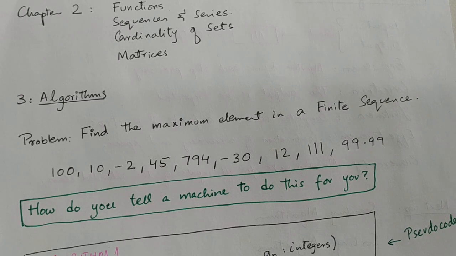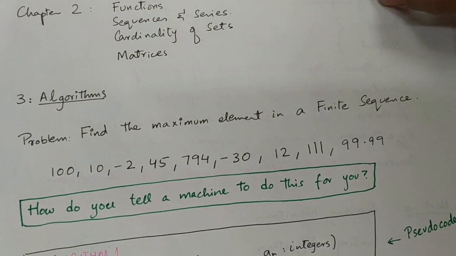To do that you need to write down some code, in whatever language your computer speaks, machine language, Python, Java, whatever. You need to write some procedure in that language to make the computer do this task for you, right? And that's basically an algorithm.